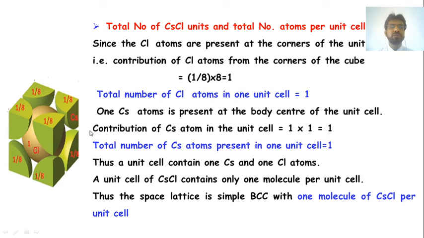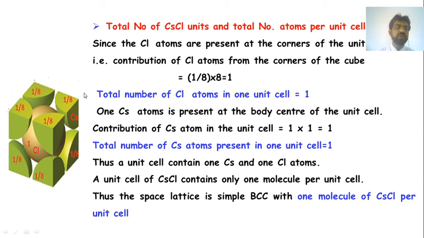Now, here we are going to see the total number of CsCl units and the total number of atoms present in the unit cell. Now see in this figure, there are 8 Cl atoms present at the 8 corners of the unit cell.